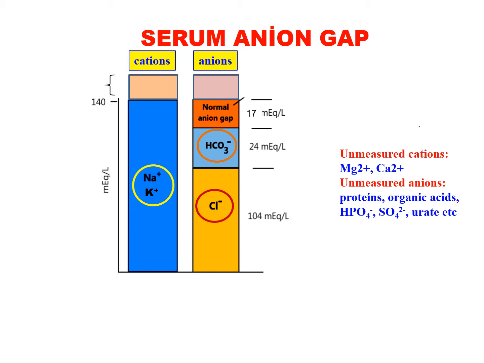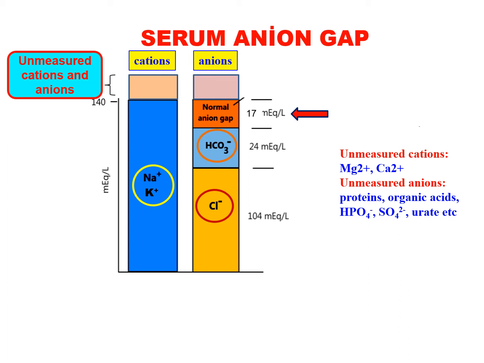We can see here that between the unmeasured cations and unmeasured anions, there is a difference in number. This difference is known as anion gap, which is about 10 to 15 milliequivalents per liter. The anion gap is thus defined as the difference between unmeasured cations and anions.